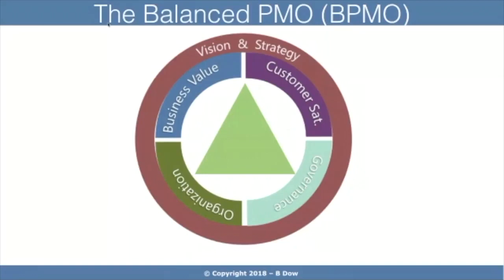When you're building a balanced PMO, you're looking across operational and business, and we apply that to how we run our organization, how we run our projects, plus how we look at dashboards and reporting. That's a critical step to moving your PMO forward and moving your business forward, really.